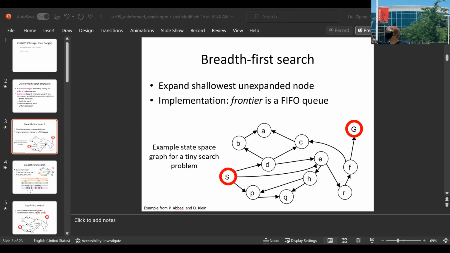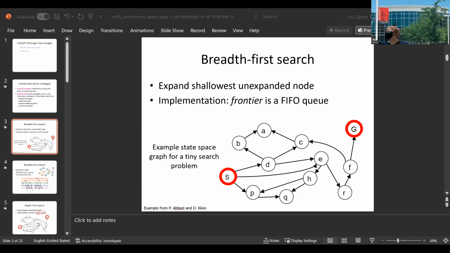Who are D's neighbors? D's neighbors are B, C, E. Assuming you add them in the order E, C, B, who is at the top now? B is at the top.